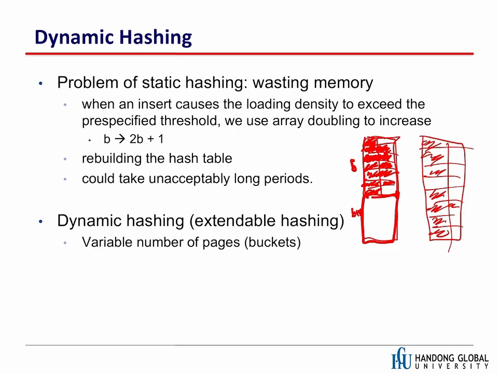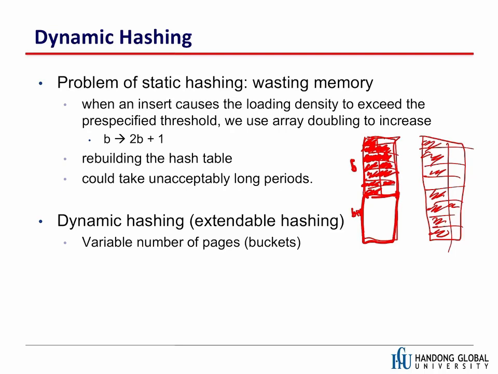So we have to rehash 1 million identifiers, and it could take unacceptably long periods. That's the problem. With static hashing, sometimes we waste memory space, and sometimes we waste lots of time. It means that's not that efficient.